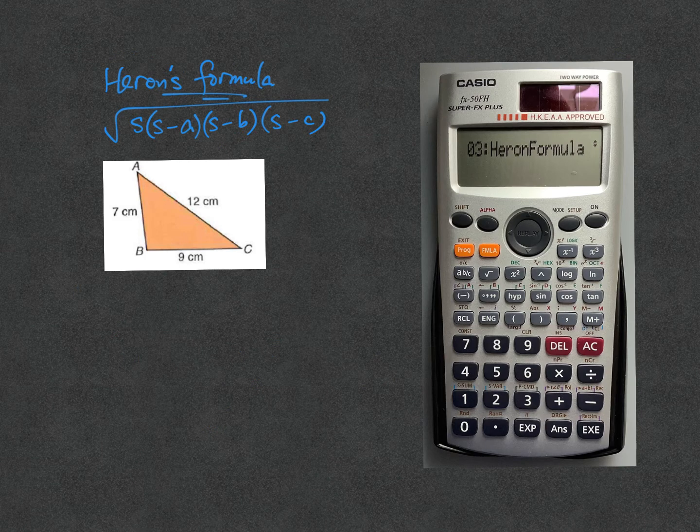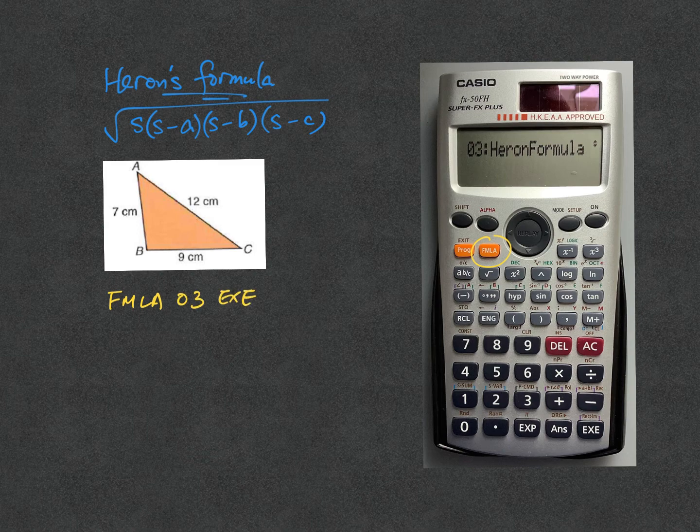After knowing how you can apply Heron's formula, now please take a look at how we can use the calculator to get the area of a triangle by Heron's formula directly. It is a very useful way in multiple choice questions as well as to check the answer. Heron's formula can be found in formula 3, so you can press FMLA, then 03, EXE, to enter formula 3.